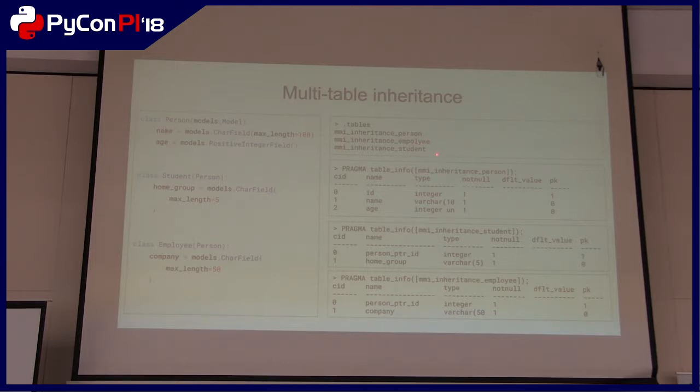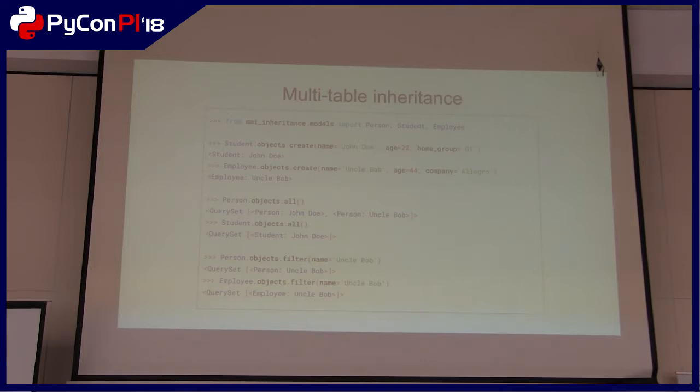That's the difference compared to the abstract base classes. In the first one, the person table, we have all the fields we would expect, so ID, name, and age. But in the student and employee tables, we have person_ptr_id. It's the one-to-one field pointing to the identifier in the parent table.